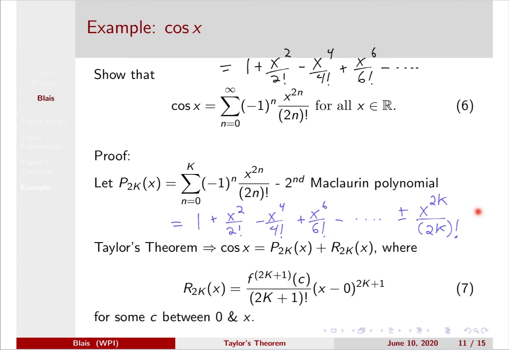The first term we would leave out would be when the order is 2k plus 1. A is 0, and we're evaluating this at c for some c between 0 and x. So we don't know c, but we know it's between 0 and x.